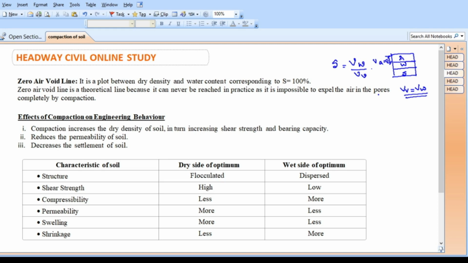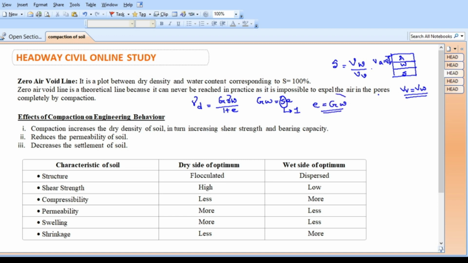Now, in the case of the zero air void line, how do we find its dry density? We know the equation gamma d equals G times gamma w divided by 1 plus e. Again, another equation that we know is Gw equals Se. So since the zero air void line corresponds to S as 100%, or 1, we can write e as equal to Gw.